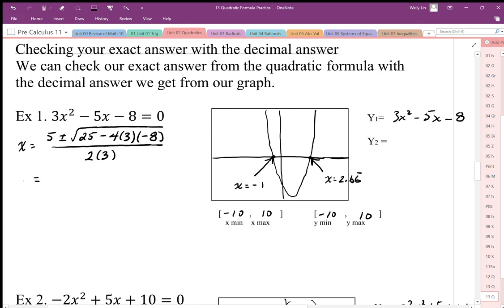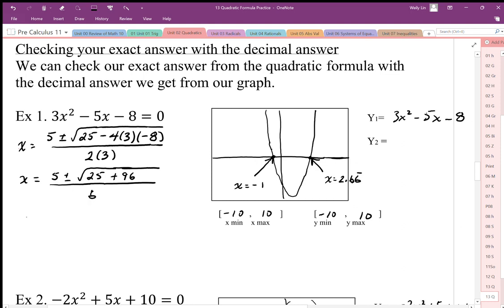Okay, so then x is equal to 5 plus minus the square root of, this works out to be 25 minus 12 times 8, that's going to be 96. So it's going to be plus, so 25 plus 96, and that's going to be all over the denominator of 6.